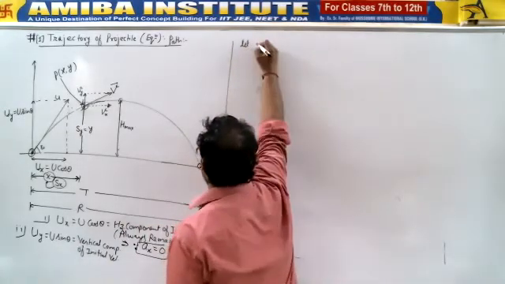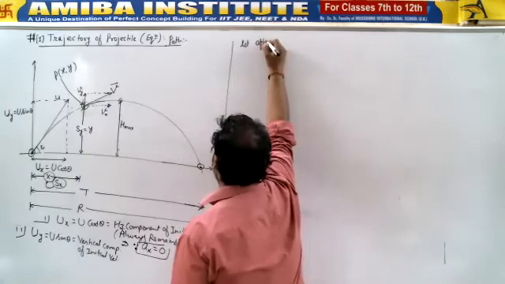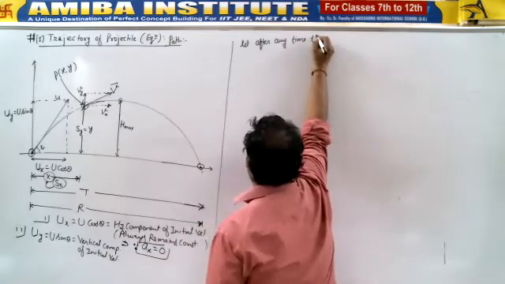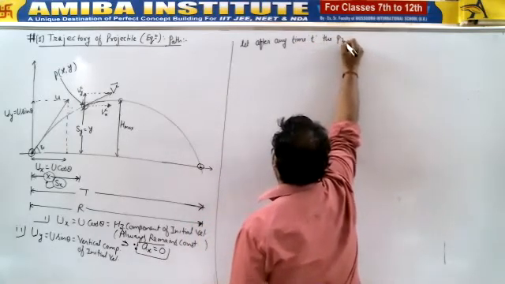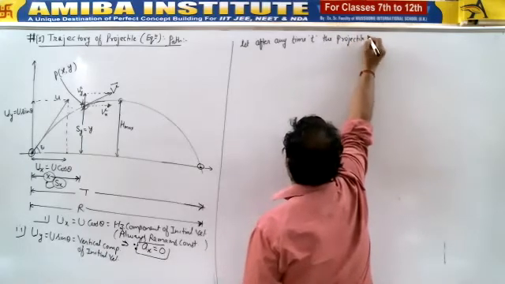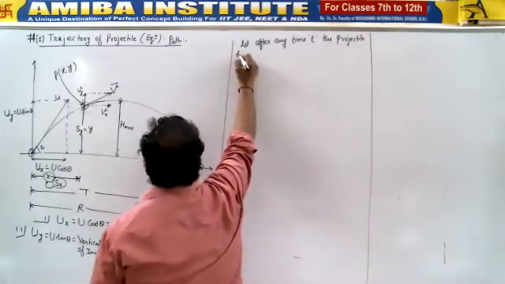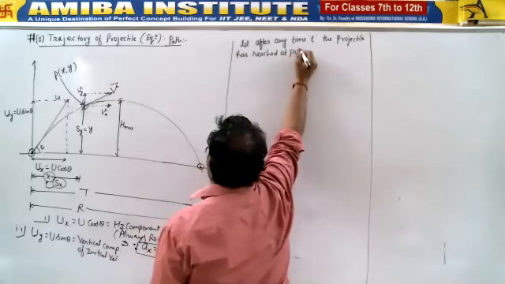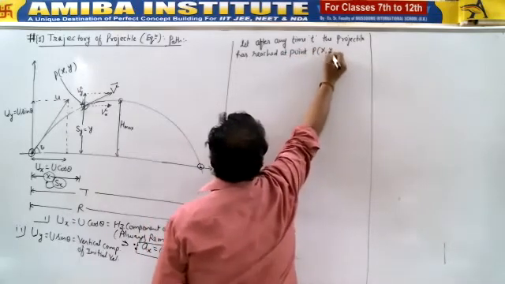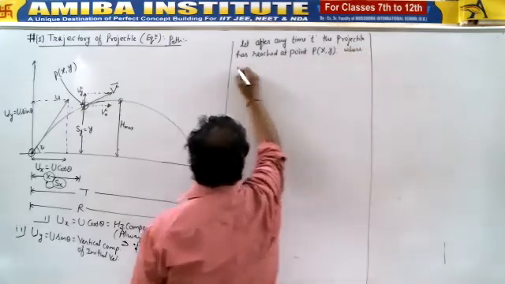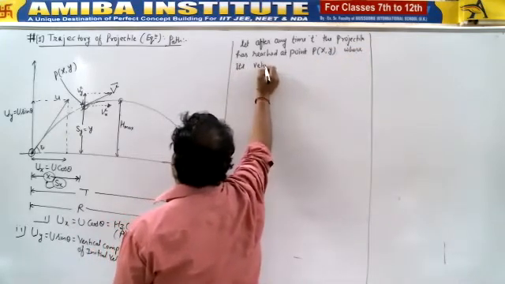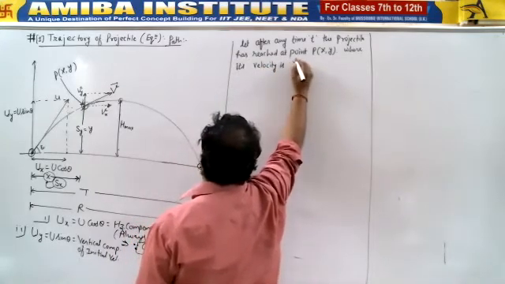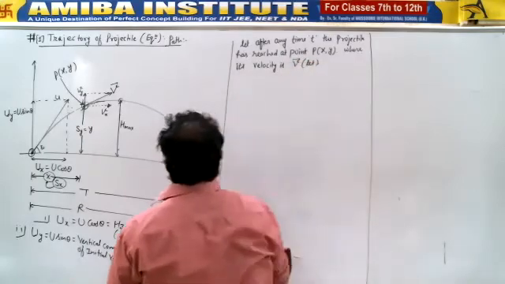Let after any time t, the projectile has reached point P, x comma y, where its velocity is v vector, let's say, right?